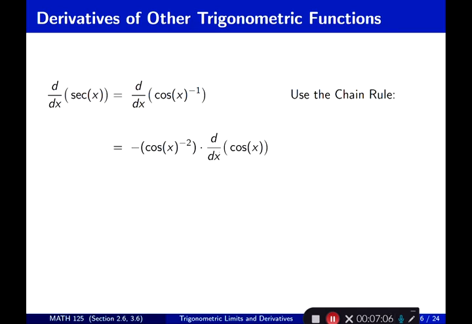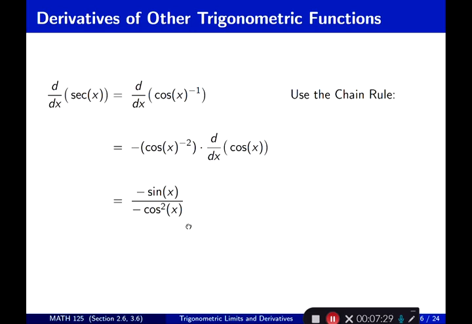Negative 1 times cosine of x to the power negative 2, that is u to the power negative 2, times derivative of u. And that would be derivative of cosine of x. What is derivative of cosine of x? That's negative sine of x. So you have negative sine of x over negative cosine squared x.